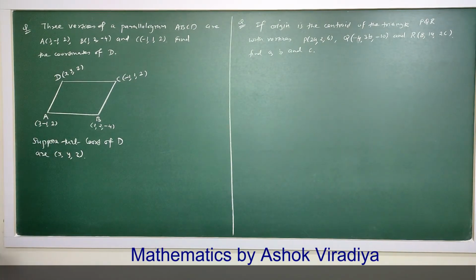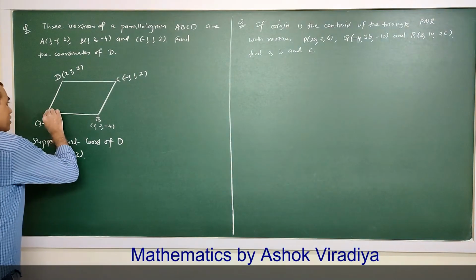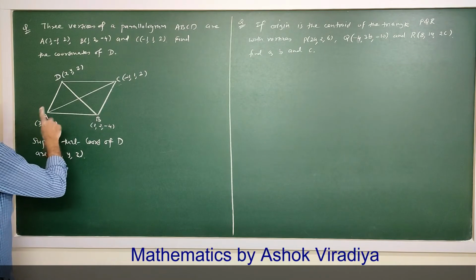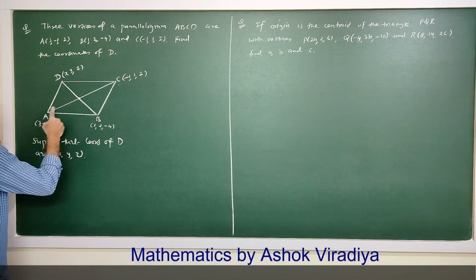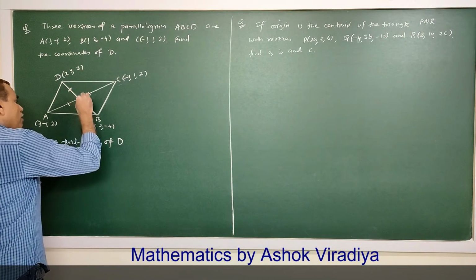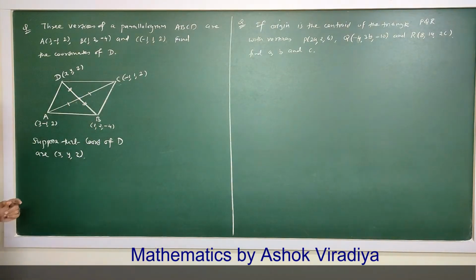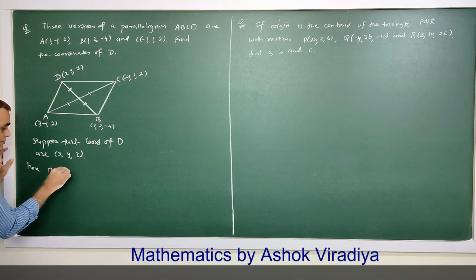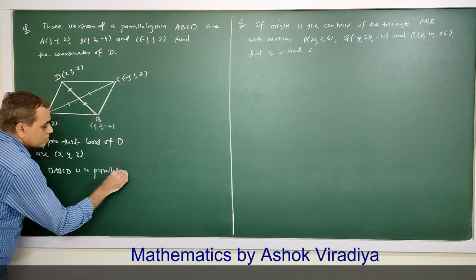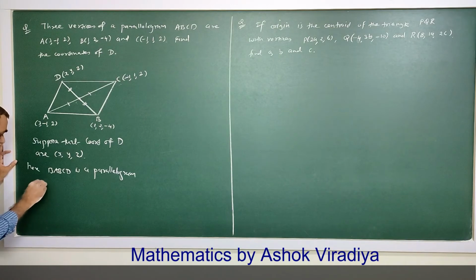We want D. Now because this is a parallelogram, in a parallelogram diagonals bisect each other. So midpoint of AC is equal to midpoint of BD. Here this is a parallelogram, so diagonals bisect each other.